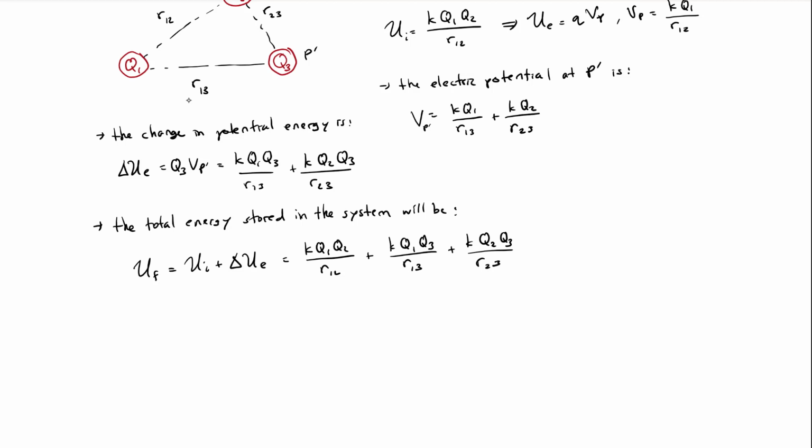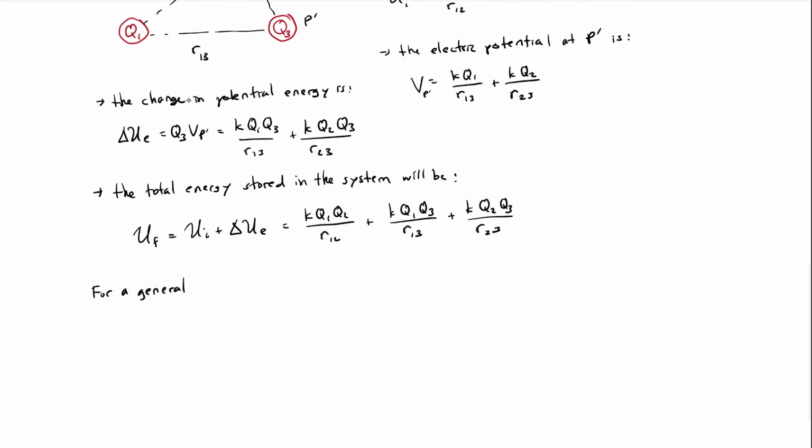Now, is it possible for us to state this for a general case? And it is possible. So for a general case of n charges, we have the total energy being equal to K, since it seems like we can factor out the K from each of these.